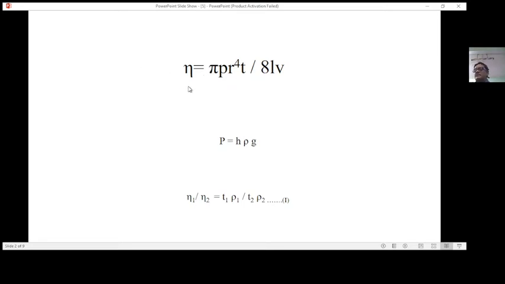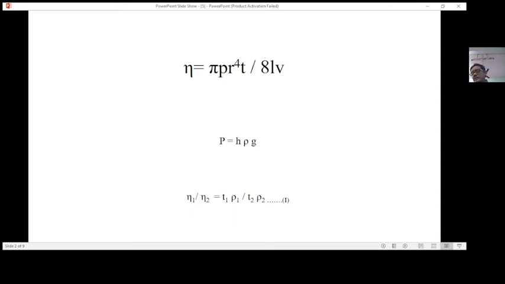With this value, you can find R, the radius of the capillary, rho is the density, t is the time, the length, volume, and if you compare between two liquids, eta 1 and eta 2, all data will disappear, only time of the capillary will be different, and rho of the liquid. That is why this equation is simplified.